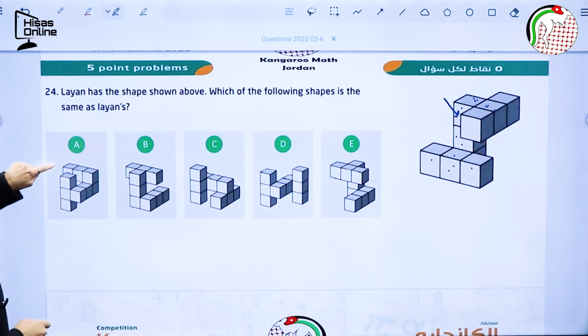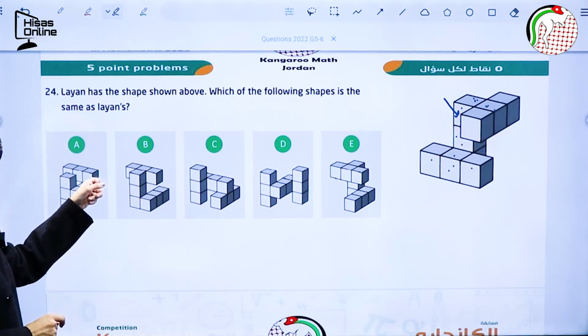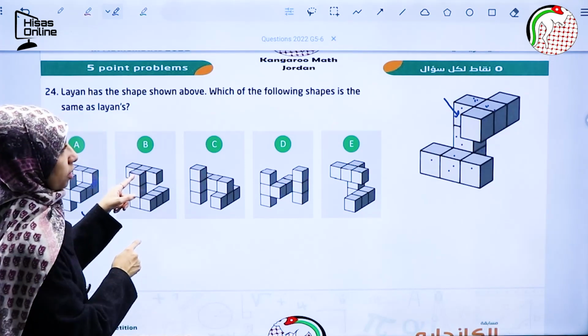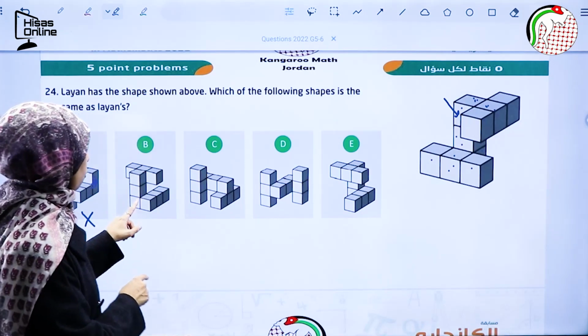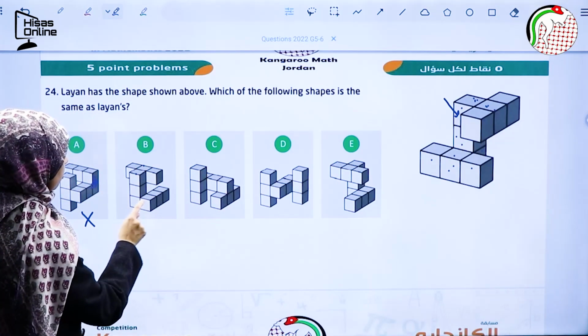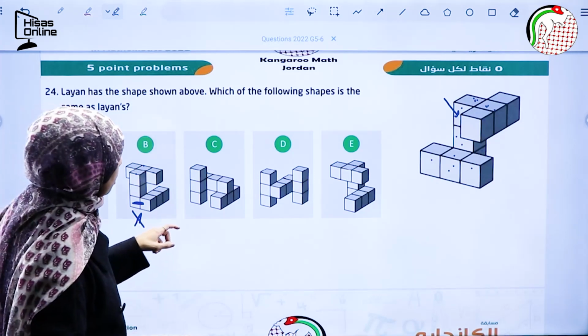Now let's check here. This one is glued at the first cube here, so this one is not. Again, this one here, those are glued. Can you see the glue here? One in the middle, but one at the edge, so also this is not the correct one.